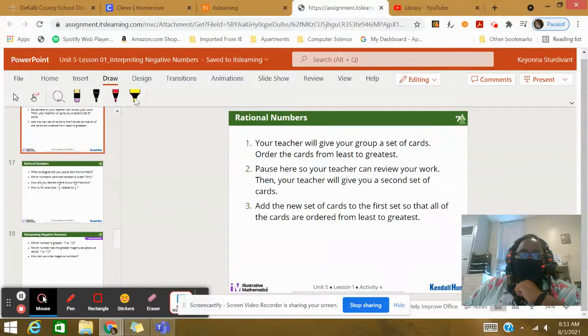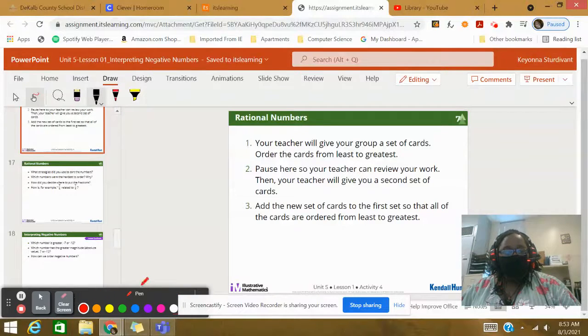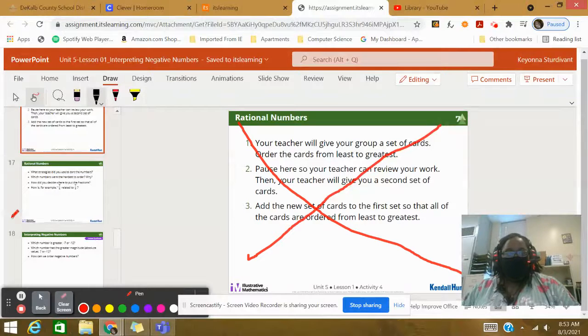Now, this set of questions, I'm going to go ahead and put an X through because we will not be using this. So ignore these set of questions because I'm not giving out a set of cards. We will not be using that.